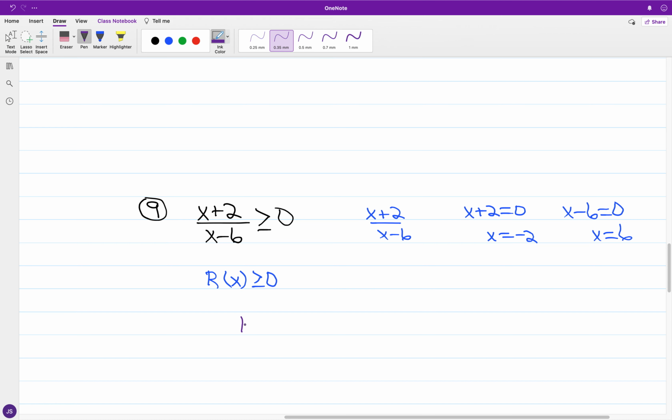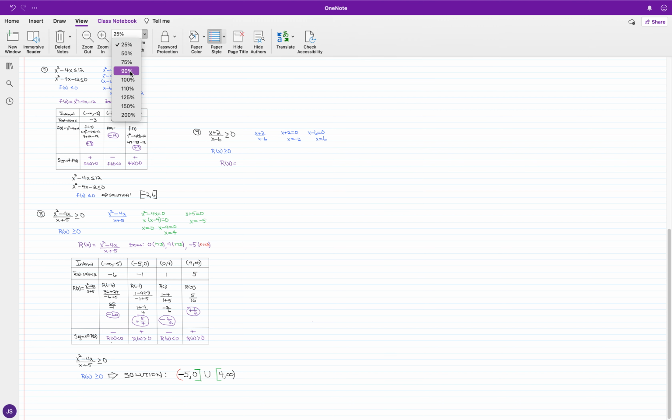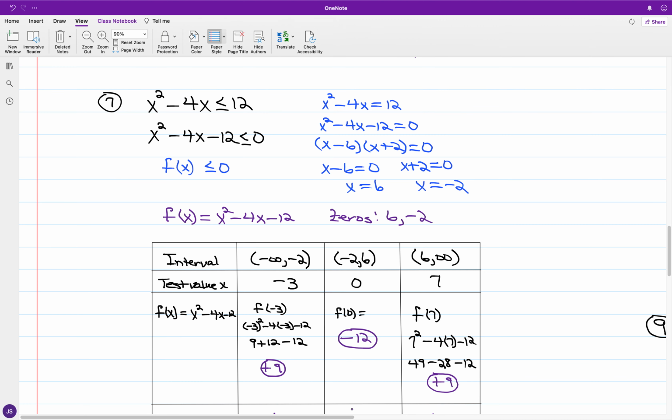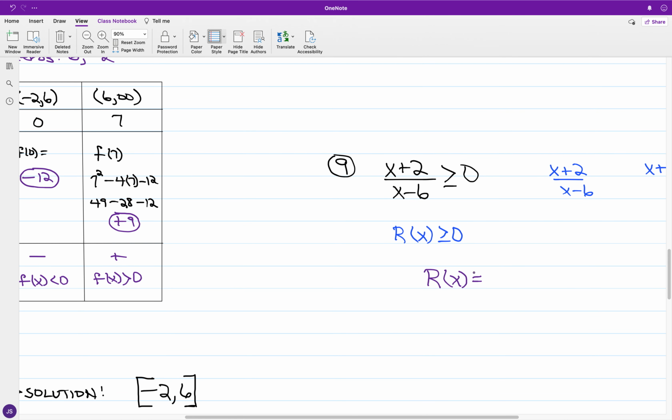All right, so we have with our function r of x, okay, so you have equal to x plus 2 over x minus 6.